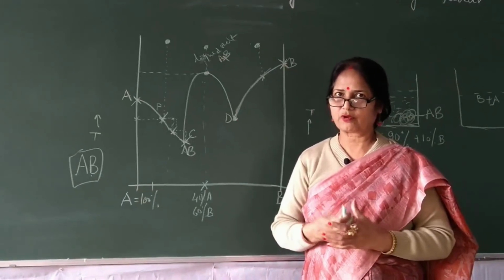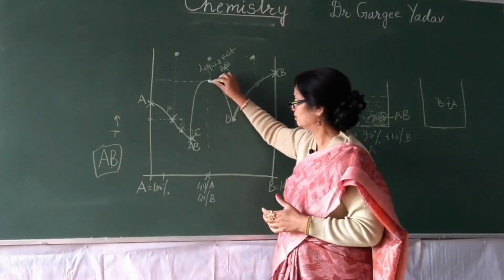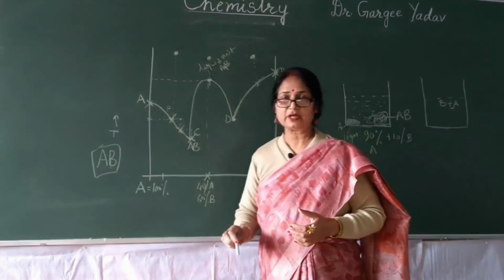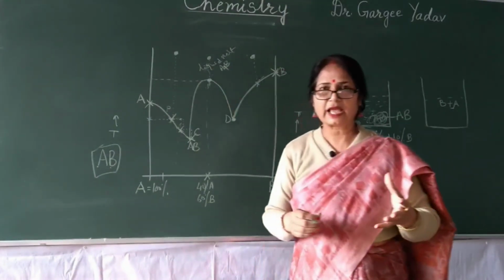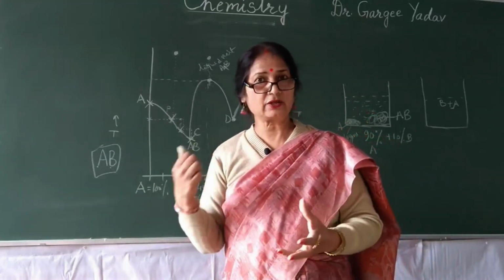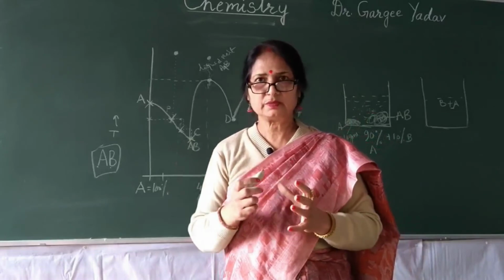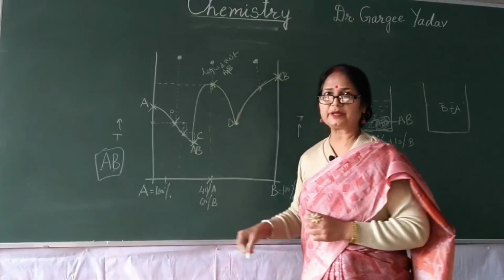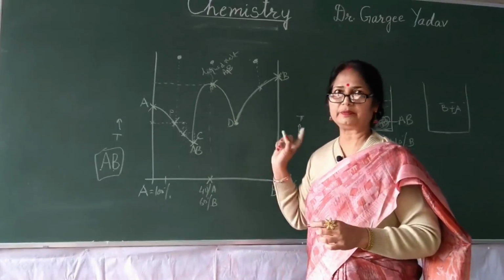The new compound formed will solidify below this point. So what we have above this point, now if we heat it, we will have a liquid melt of the same composition as that of the solid. This means that we are having this as the congruent melting point of A and B.